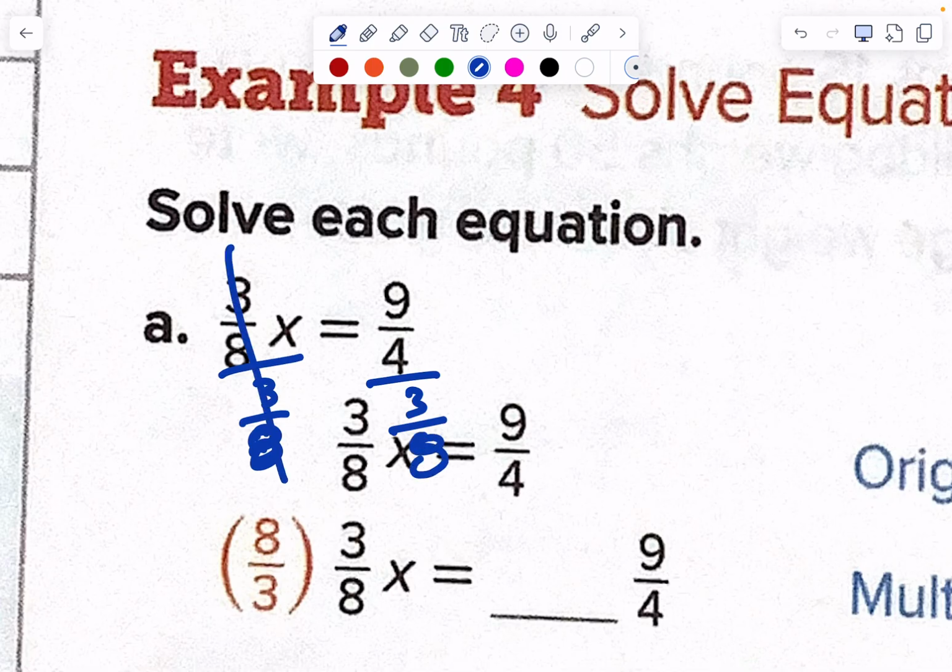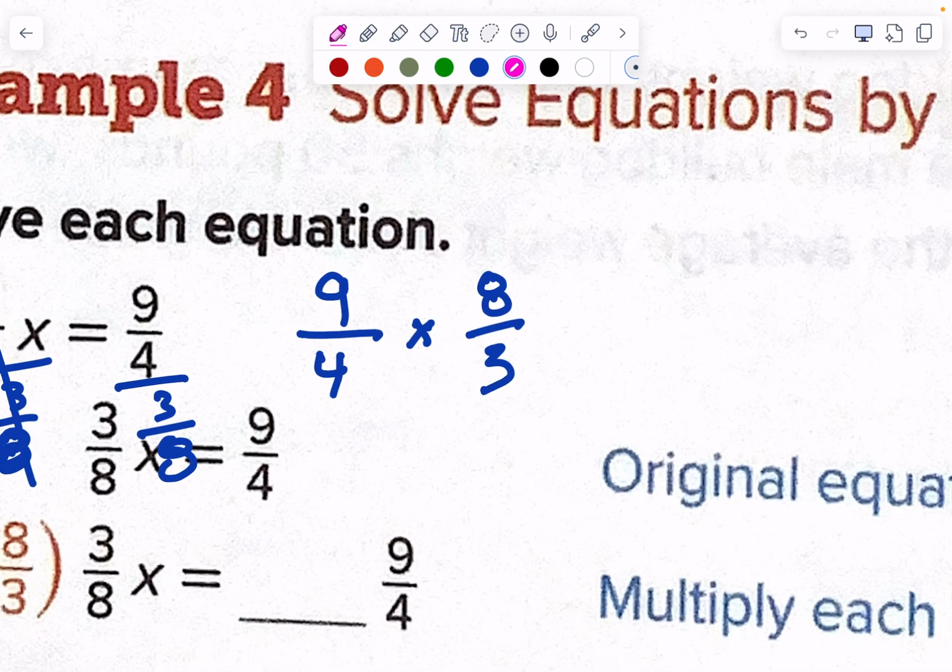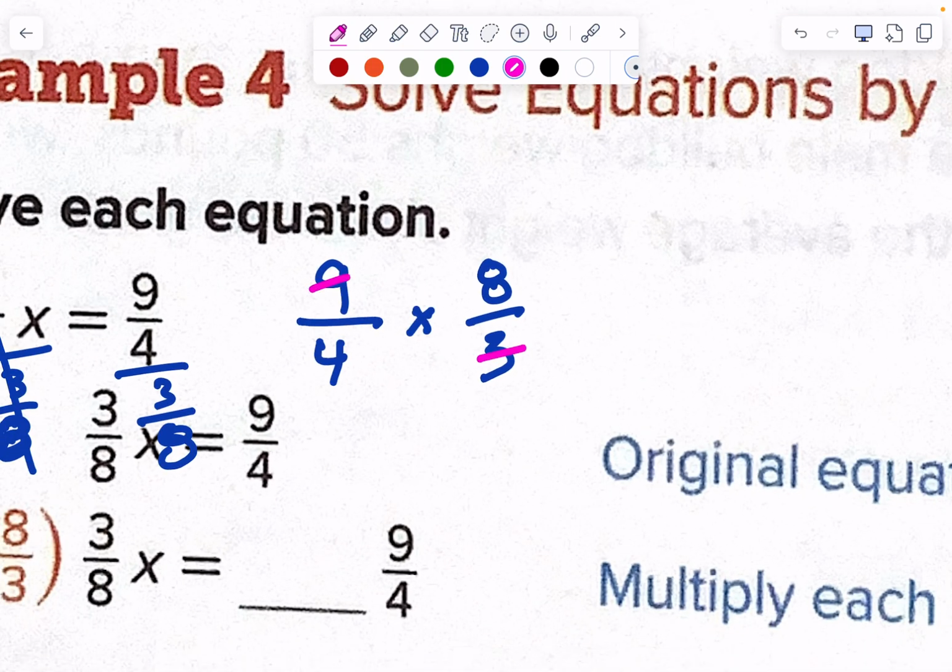If I take 9/4 and divide by 3/8, have you guys heard of keep, flip, flip before? So I'm going to keep the 9/4, but I'm going to flip my division to multiplication, and I'm going to flip 3/8 to 8/3. Okay, now we're going to do math first before we find the answer. 9 and 3 will reduce to 3 and 1, right?